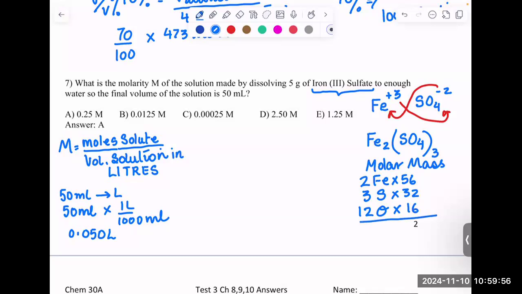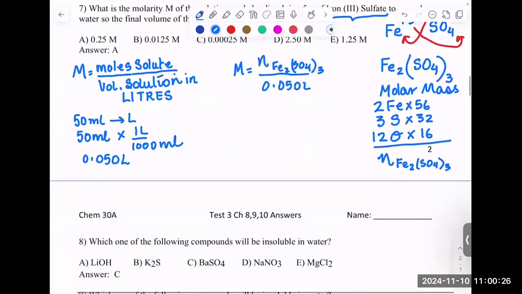You add all of this up, and whatever answer you get, that is the molar mass of Fe2(SO4)3. Then molarity is the moles of Fe2(SO4)3 divided by 0.050 liters, and whatever answer you get. So that's the deal with this.